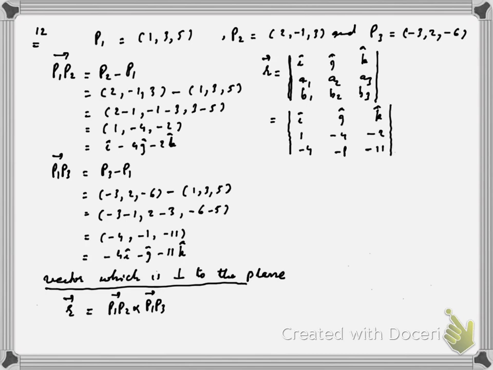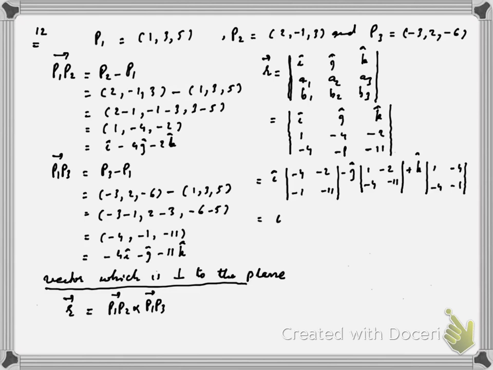I expand this determinant with respect to first row: i cap into minus 4, minus 2, minus 1, minus 11, minus j cap into 1, minus 2, minus 4, minus 11, plus k cap into 1, minus 4, minus 4, minus 1.